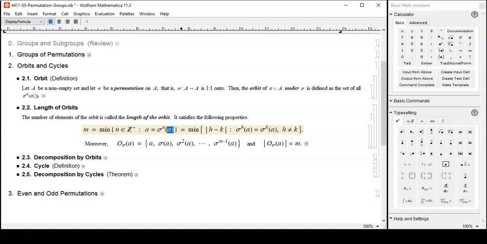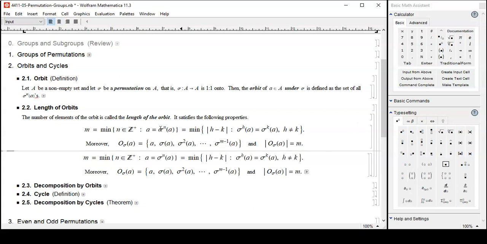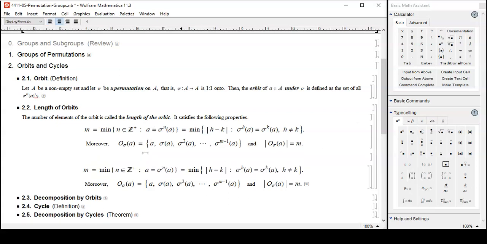If you take away A and rewrite everything like this, let's see. Let me copy and paste so that I don't screw up this part. And then let's see, this one here, I can rewrite as sigma to the 0 power here, because 0 power is the identity map.